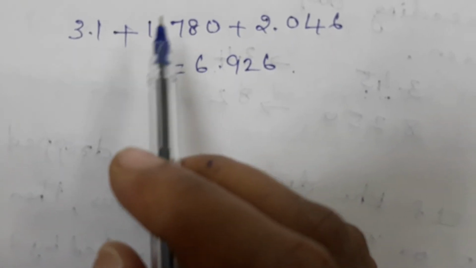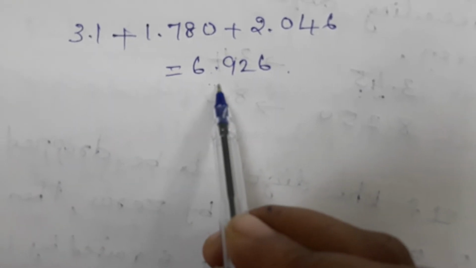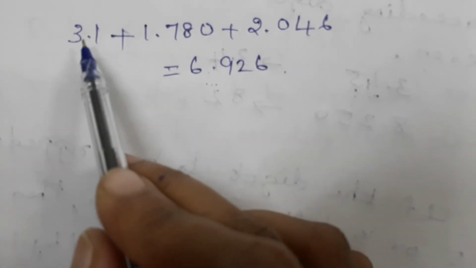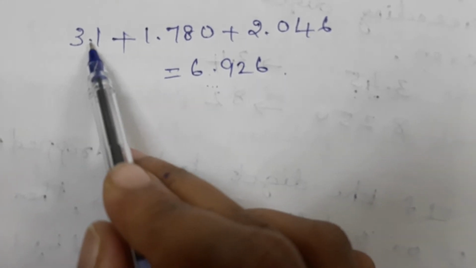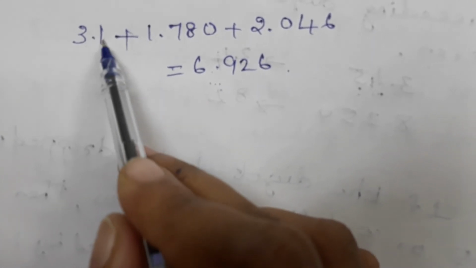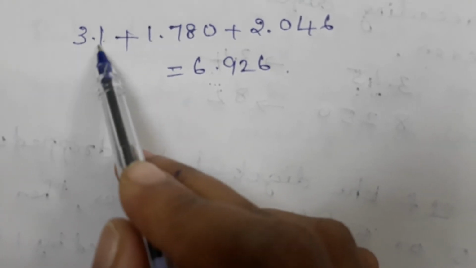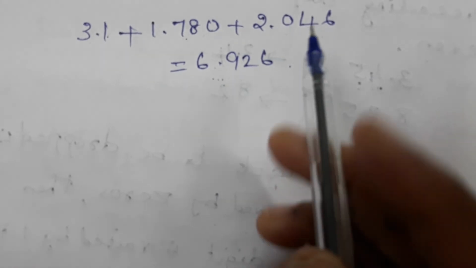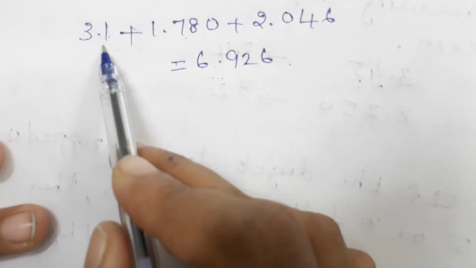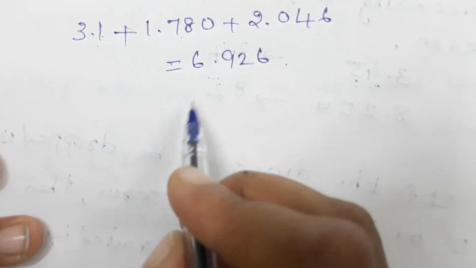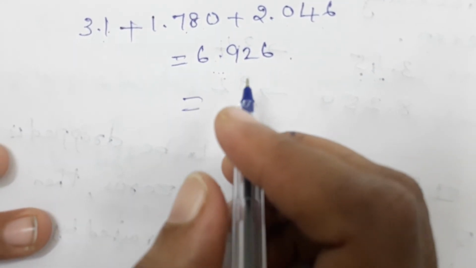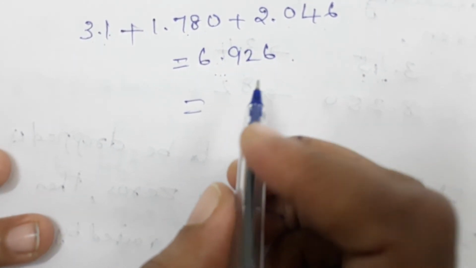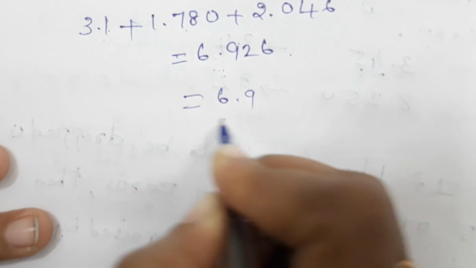The final result depends on the number with the smallest decimal places. This has only one decimal place after the decimal point, the others have 3. So the answer also you have to round off to 1 decimal place. So 6.9 is the answer.